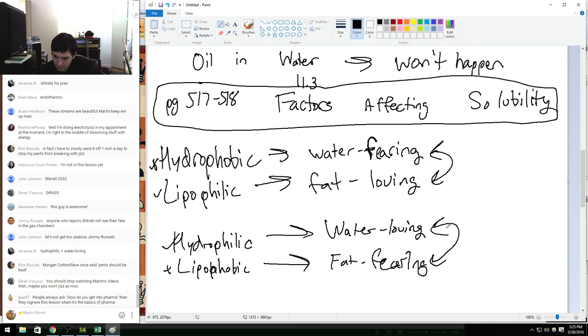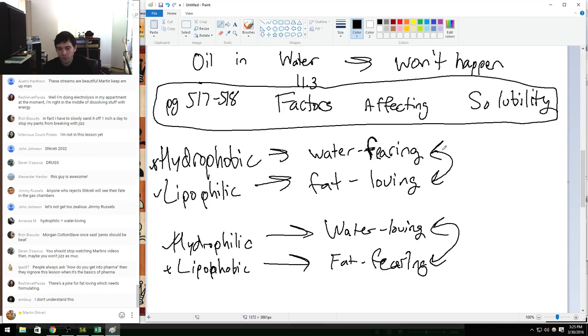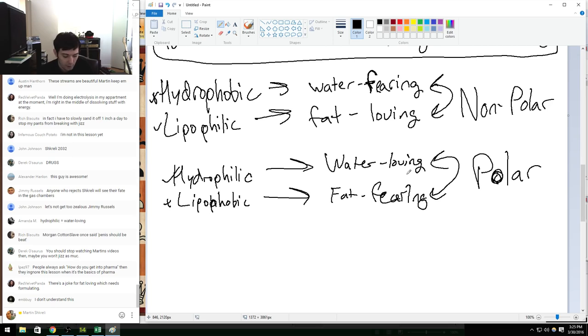And so anyway, the point here is that something that is water-fearing or fat-loving is non-polar. And something that is water-loving is polar. These are really important. Let me draw you an example.